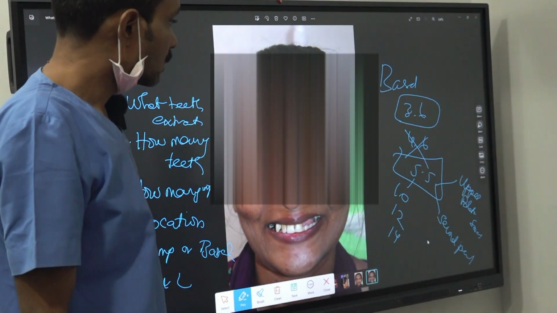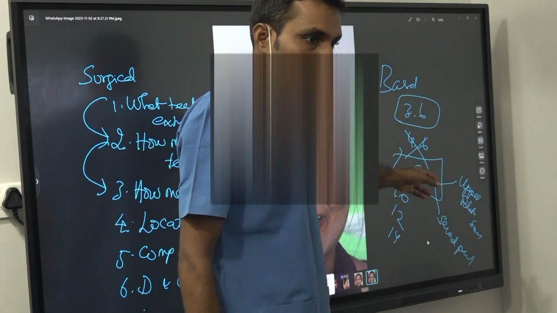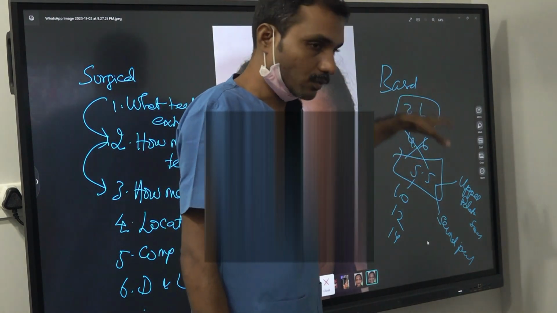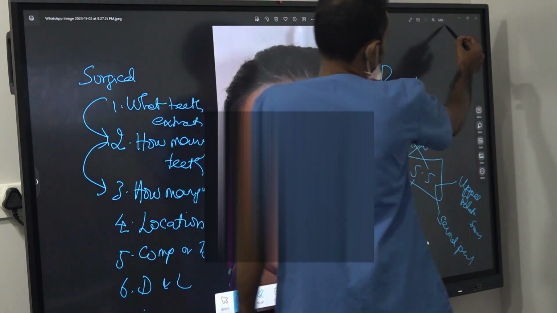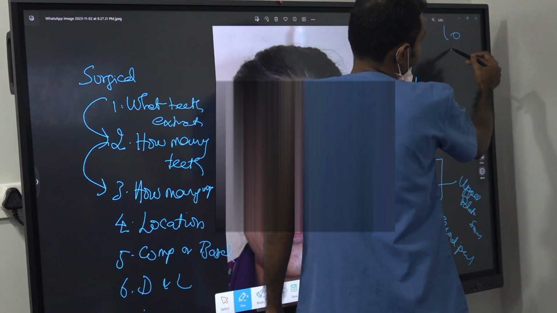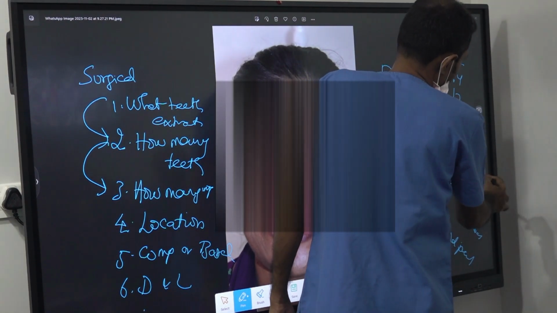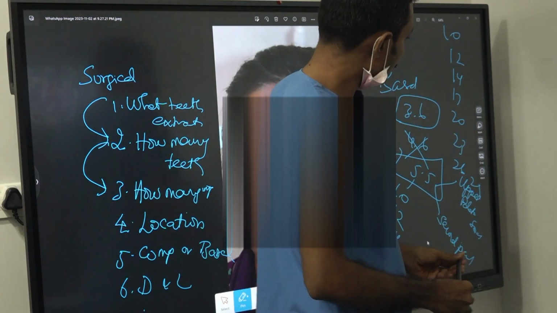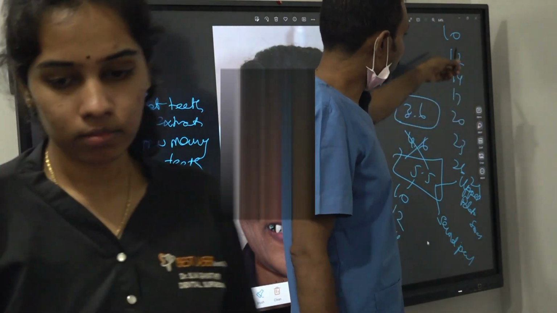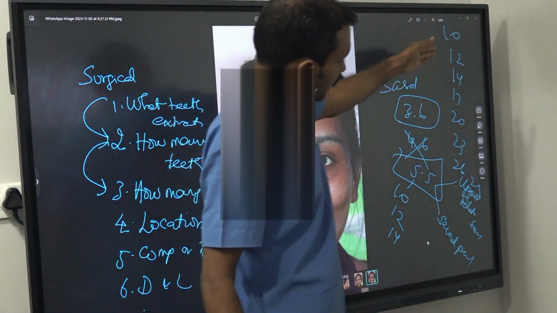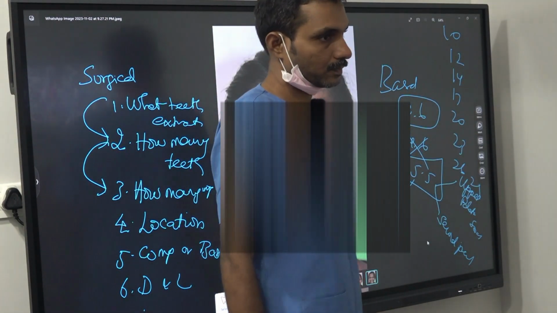Length of placement: what is the available length you are asking? One is 10, 12, 14, 17, 20, 23, 26, 29. Basal length is different, the compression length is different. The lengths I have written are for basal.